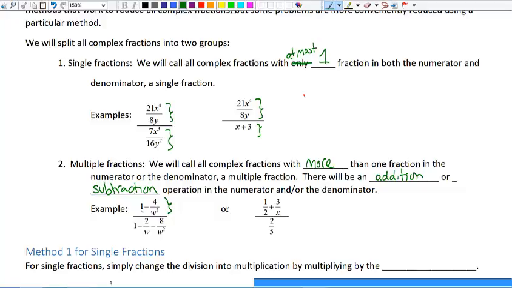Now I know one is a whole number, but you could make it into a fraction, so that's actually two fractions because there's an addition sign there. Here we have subtraction signs, so again that's more than one. This one has more than one in the numerator because there's a plus. This one only has one, but it's still a multiple fraction because there's more than one fraction in either the numerator or the denominator.